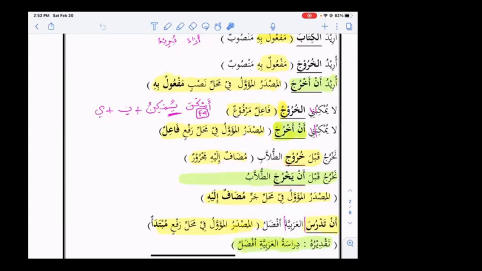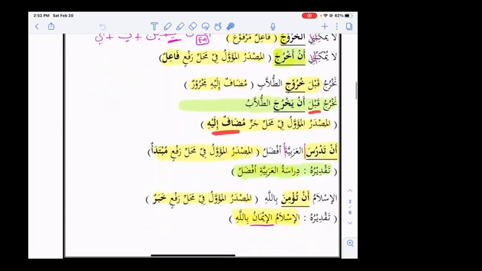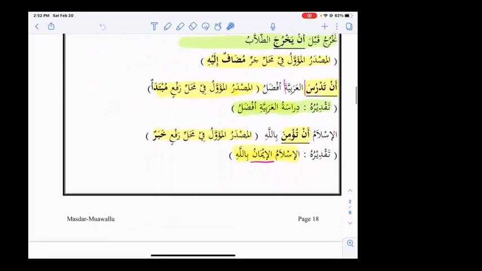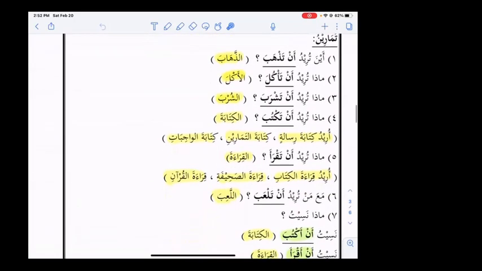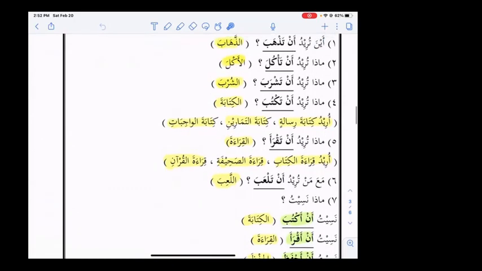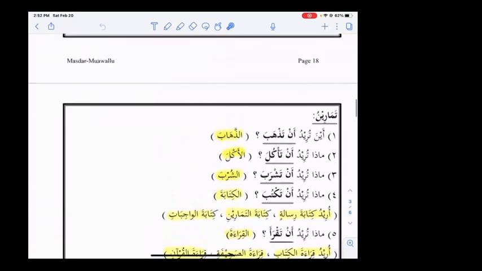Here an yakhruja is Mastar Muawwal fi mahalli jar because of qabla, mudaf ilayhi. This is it. There are more, but I won't go into detail. We'll come to them at another time. This is just to give a brief understanding, inshallah.